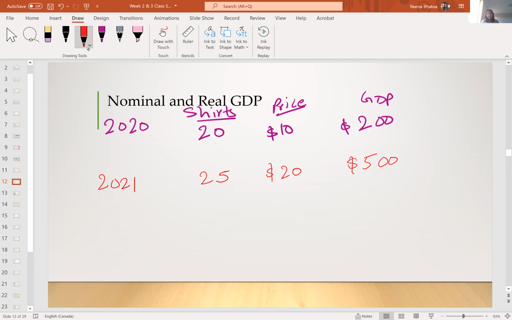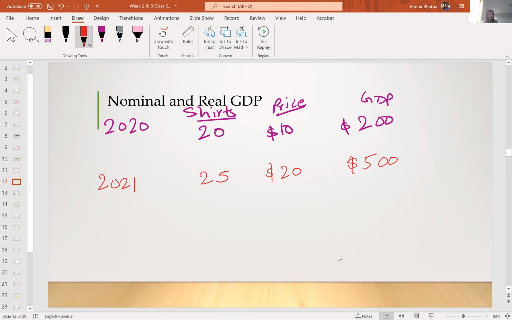So what happened with that? Look at the numbers. Look at the GDP. In 2020, it was 200. In 2021, it's 500. So a 300 increase in gross domestic product.